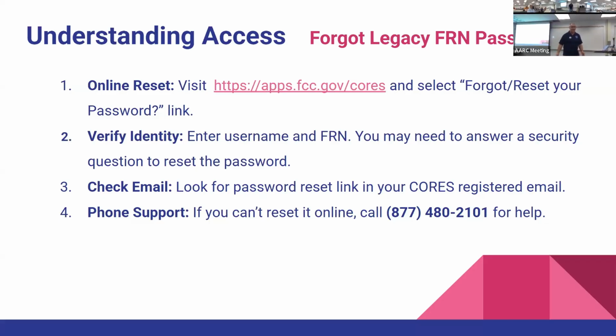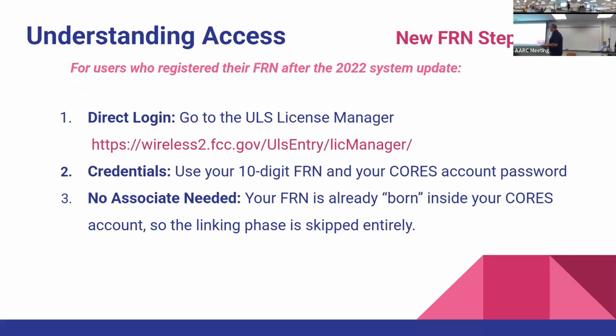It was a non-event. What if you have registered your FRN after the 2022 update? It's easy. You go right to the ULS license manager, you use your 10-digit FRN. Of course, there's no association needed, because after that update, they automatically associated your accounts.